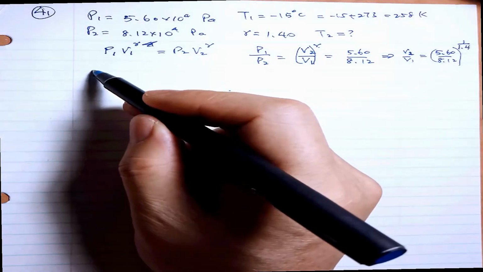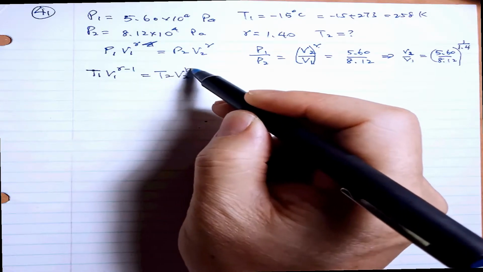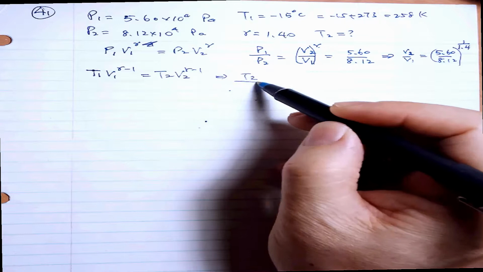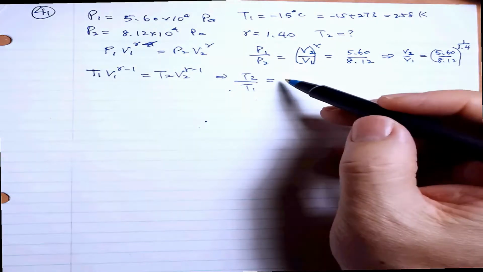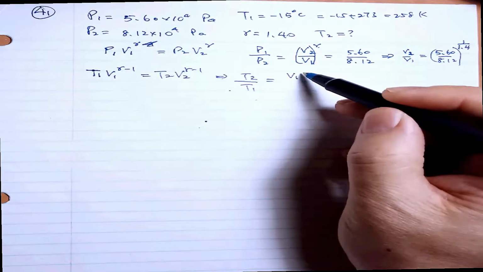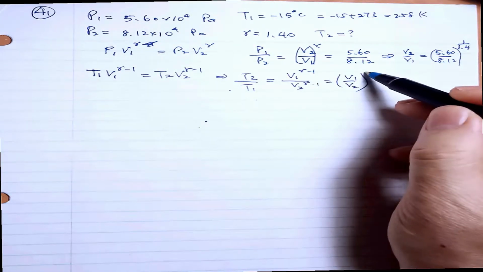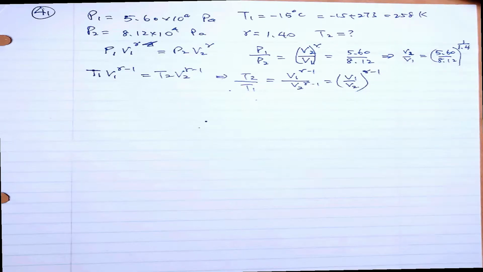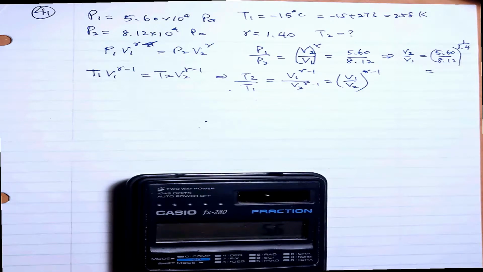Now then, there's another one, that is T1 V1 to the gamma minus 1 is T2 V2 to the gamma minus 1. Now then, T2 over T1, if I want to know what T2 is, will be V1 to the gamma minus 1 over V2 to the gamma minus 1, or you can rewrite this as V1 over V2 to the gamma minus 1, like so. So let's figure out what V2 over V1 is: 5.60 divided by 8.12, all raised to the power of 1 divided by 1.4.